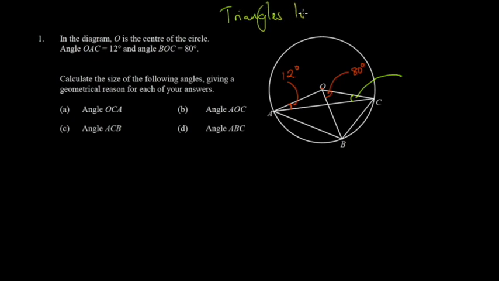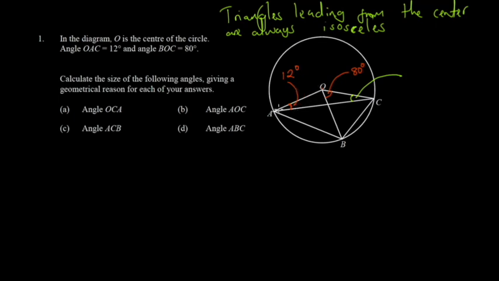Triangles leading from the center are always isosceles. When we say isosceles, I'm probably butchering the spelling, we simply mean that two sides are equal, and if two sides are equal, it also means that two angles are equal.